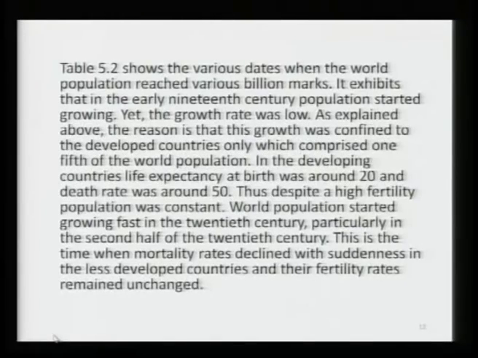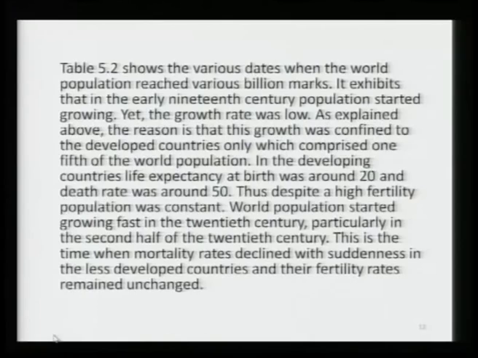Then, I will show you a table in which various dates are mentioned when the world population reached second, third, fourth billion marks. It exhibits that in the early 19th century population started growing, yet the growth rate was low. And as explained earlier, the reason is that this growth was confined to the developed countries, in which say 1/4 of the whole world population lived.